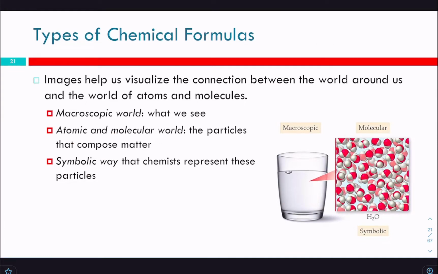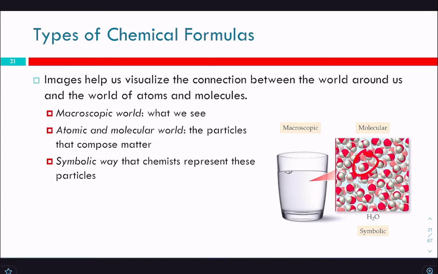So the macroscopic world is the level that we exist at, that we interact with things at. If you look at water, it's wet. It looks like water. As you move down, there's this atomic and molecular world where it's helpful to think of things conceptually, so you can understand better how water behaves and why it behaves the way it does.